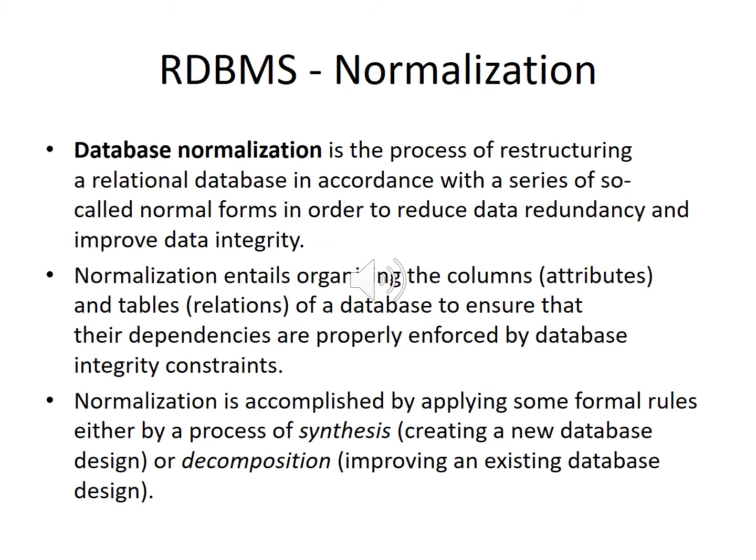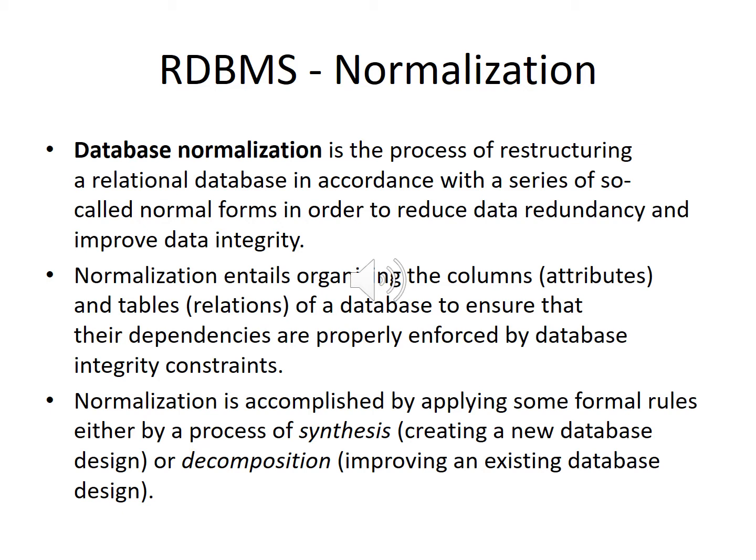So discussing the concept of RDBMS, we should also discuss the database normalization. Database normalization is a process of restructuring a relational database in accordance with a series of so-called normal forms in order to reduce data redundancy and improve data integrity. Normalization entails organizing the columns and tables of a database to ensure that their dependents are properly enforced by database integrity constraints.